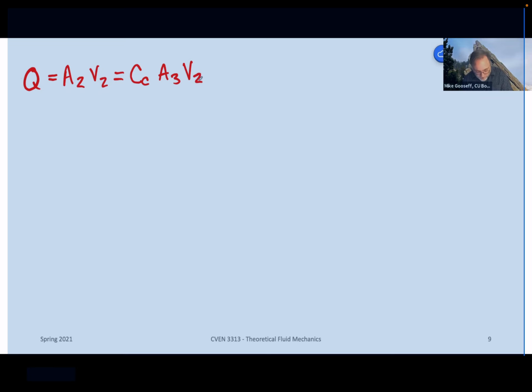All right. So this would be equal to 0.63 for our contraction coefficient times, we had 3 inches divided by 12, which would give us feet. Then we're going to square that. We multiply by 11.34 feet per second.